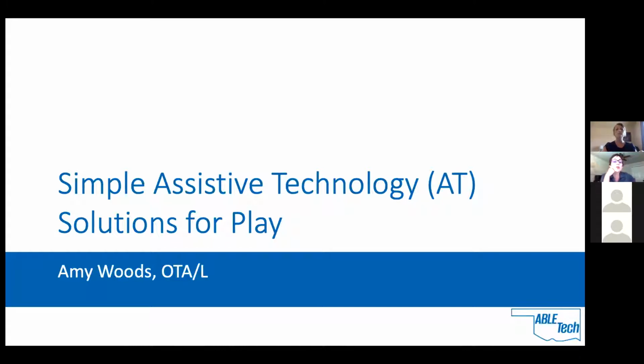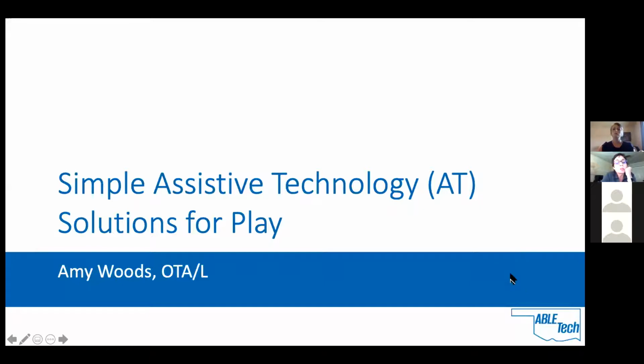For those of you who are new or unfamiliar with all of the AbleTech programs, AbleTech is the state AT Act program for Oklahoma. We are charged with the mission of assisting Oklahomans with disabilities and their families, or individuals who provide services, access to and acquisition of assistive technology. We provide demonstrations, virtually and in person.